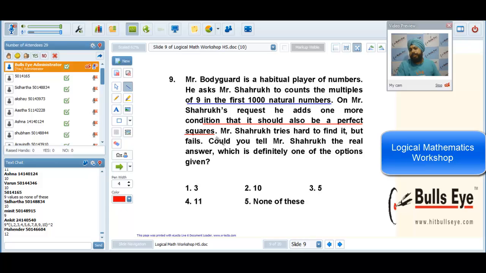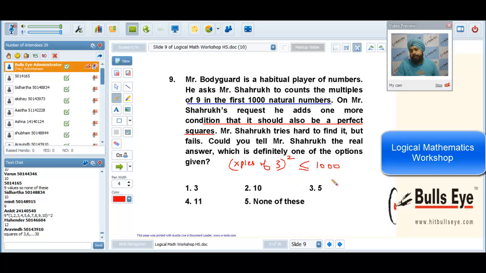And let me come to the reverse part of it. Can I say we want the numbers which are multiples of 3 and whose squares are less than equal to 1000?